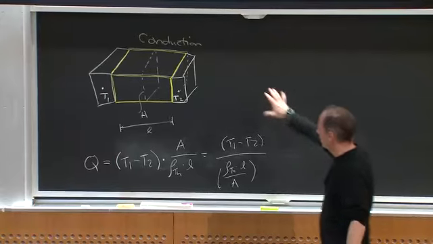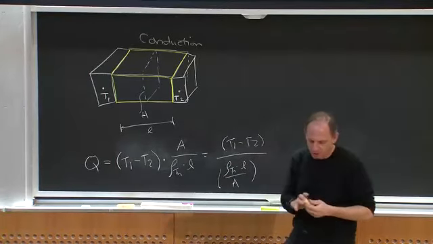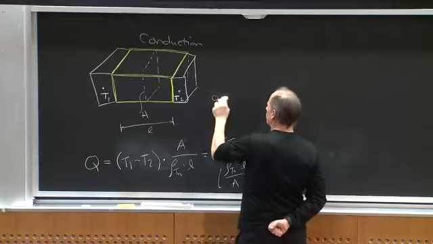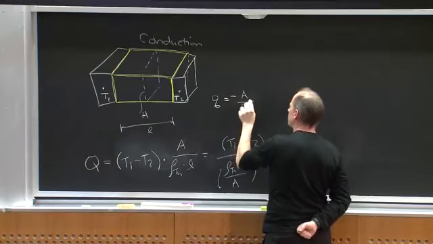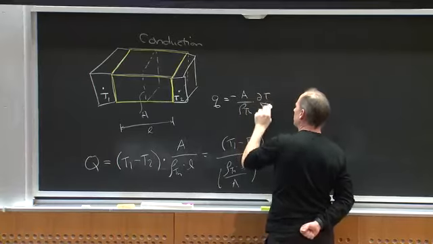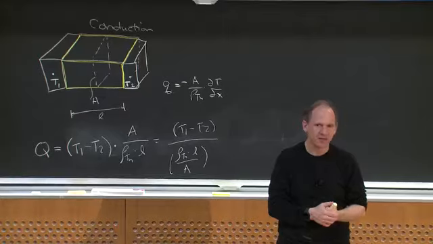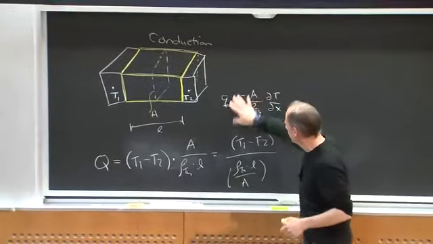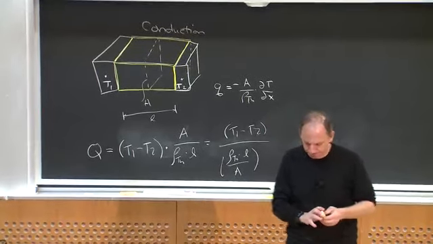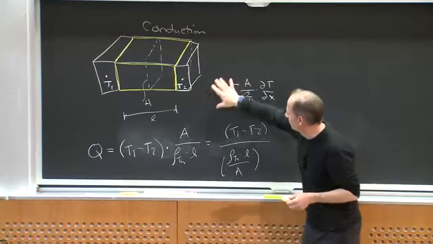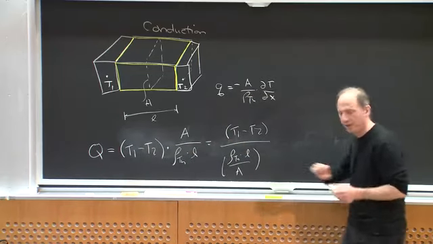I could create an incremental relationship, which would be Q is equal to minus A over rho TH dT/dx. Okay, that would be if I treated everything as a little increment in space. And if I want to start doing Fourier heat transfer, I get into these kind of differential equation descriptions. But for a bulk piece of element, we can write it like this.